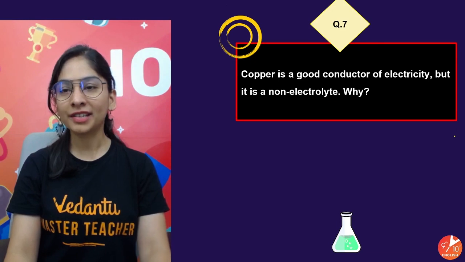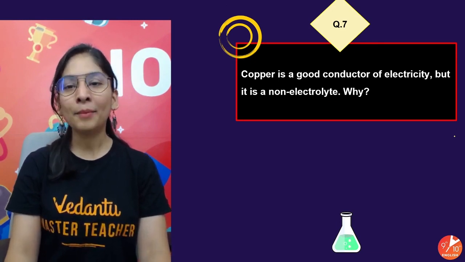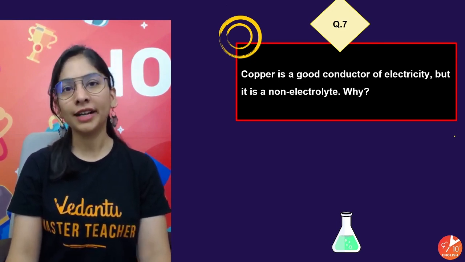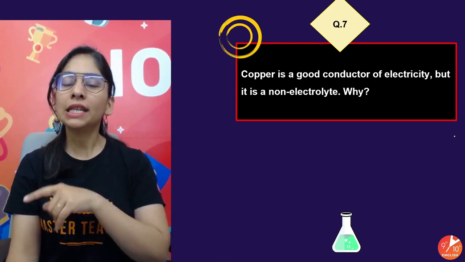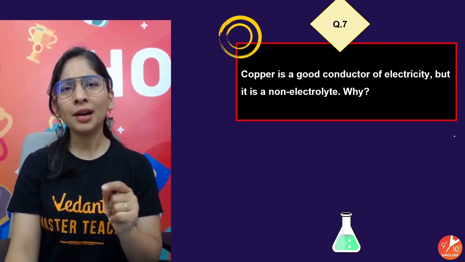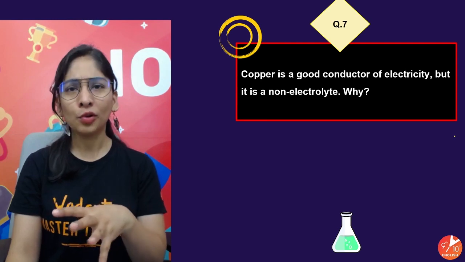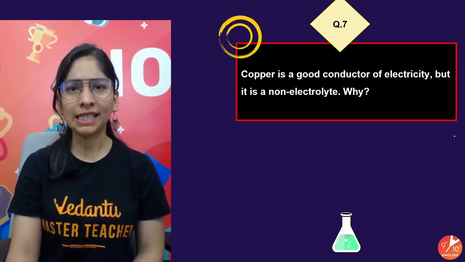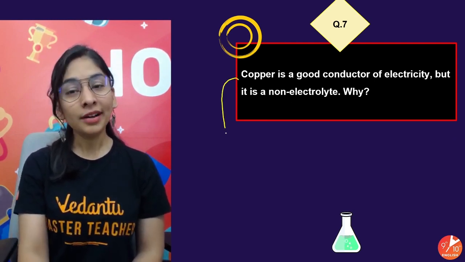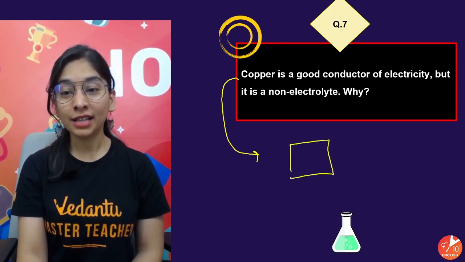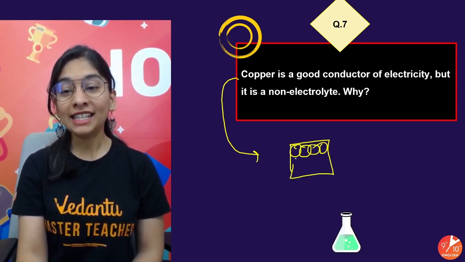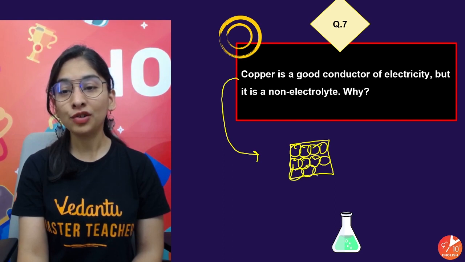And the question is, copper is a good conductor of electricity, but it's not an electrolyte, it's a non-electrolyte. This is something, if you're listening to me from the very start, in question number 1, somehow we got to know about. What do you think about it? Yes or no? Copper, yes, is a good conductor of electricity, because if I take a piece of copper, I'm going to have nothing but copper.